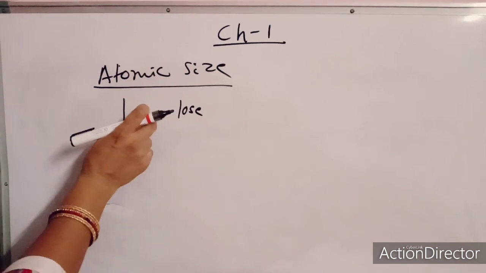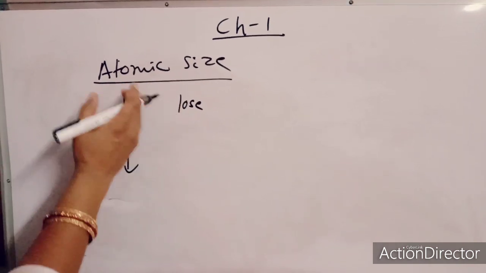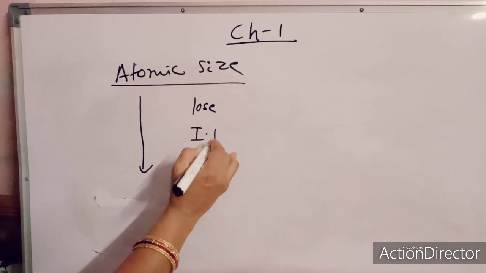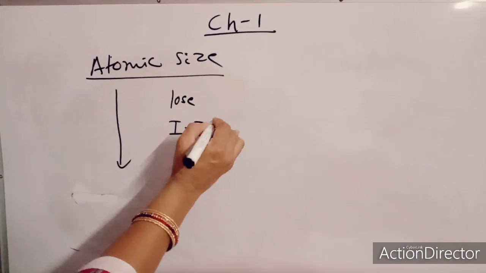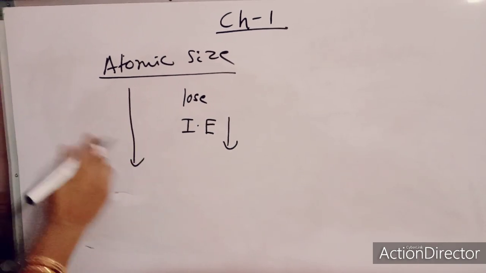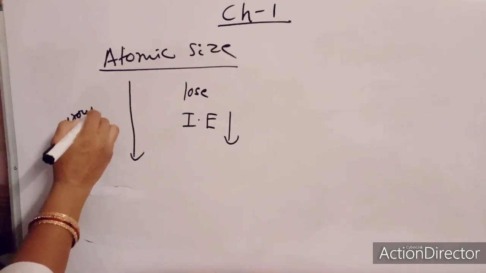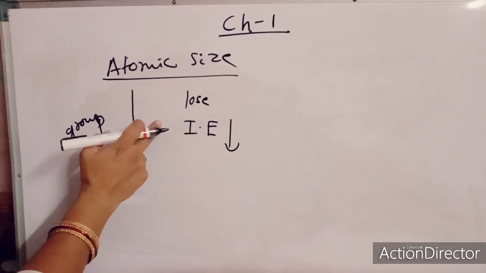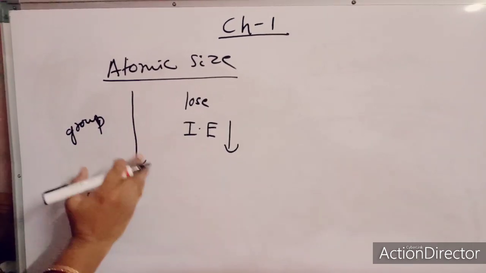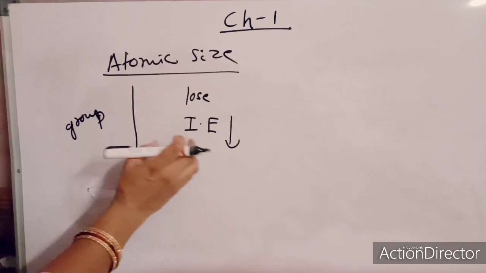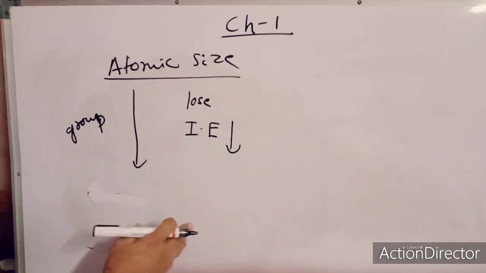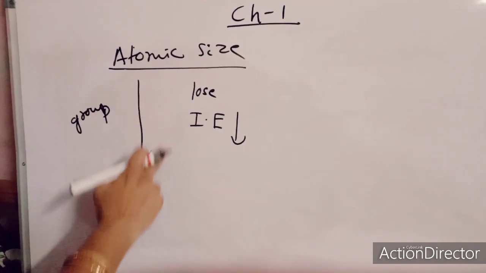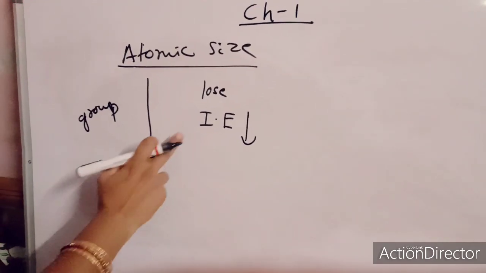That means it is easier to lose one electron when we are going down a group. So ionization potential, or ionization energy, goes on decreasing along a group. Again, when atomic size increases, the hold between nucleus and outermost shell decreases. That means you can remove one electron easily from the outermost shell. That means ionization potential is decreasing down a group.